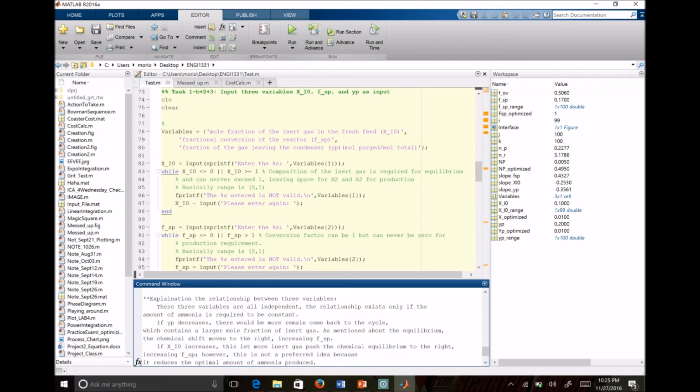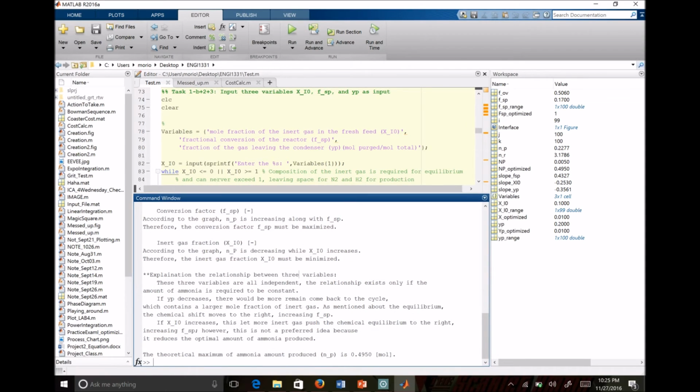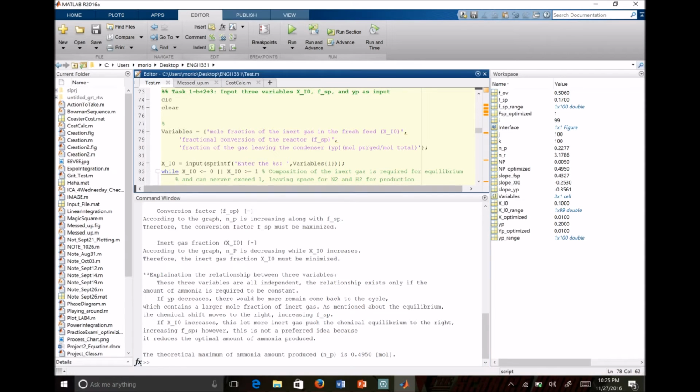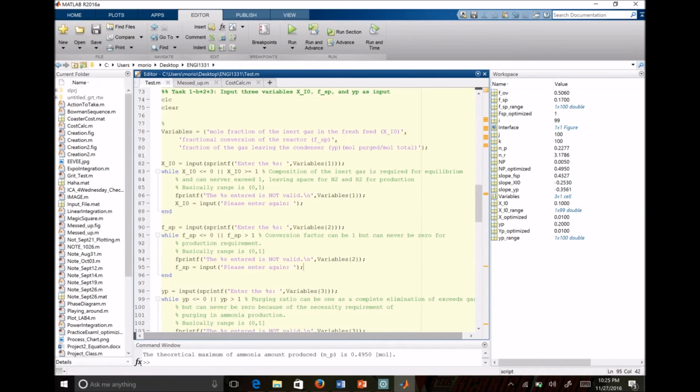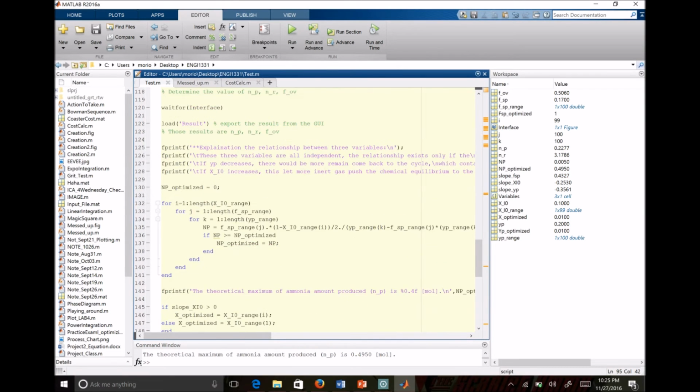It is a question, so I try to use fprintf to show in the command window just to make sure I didn't miss anything. And then you calculate the theoretical maximum amount of ammonia produced, which is 0.4950 mole. I use this.